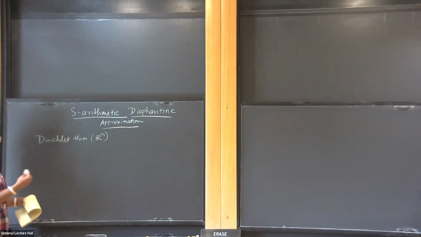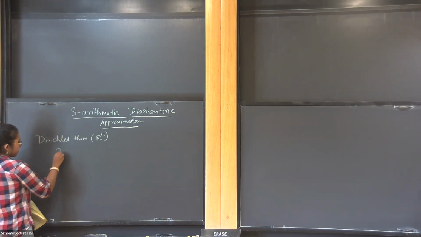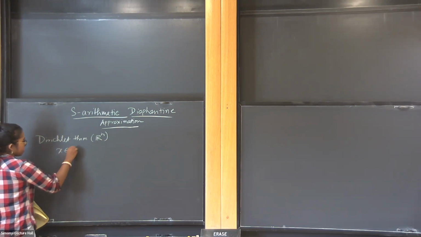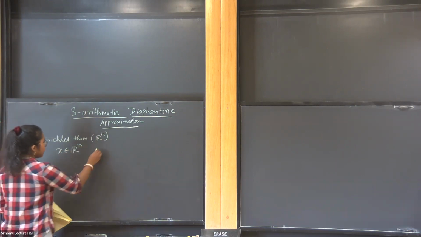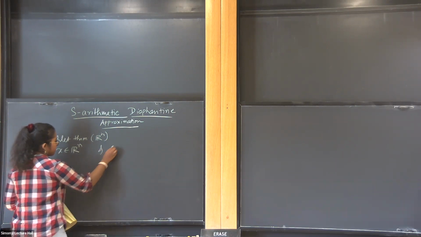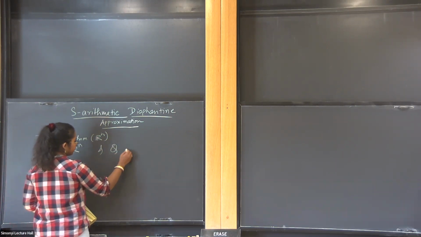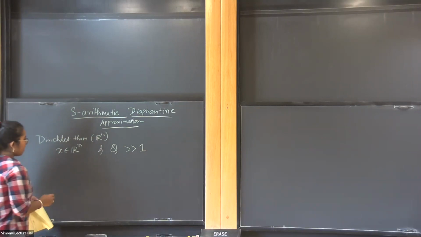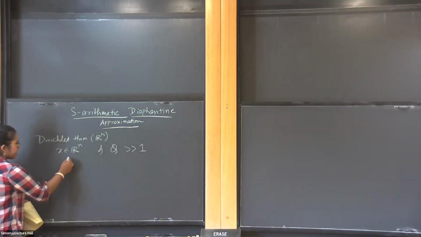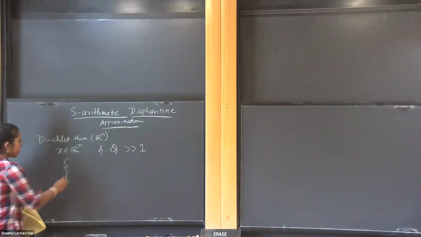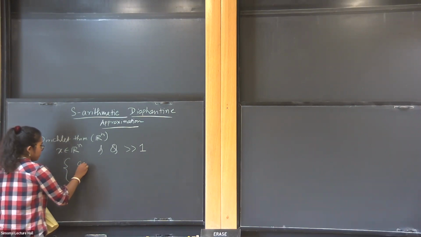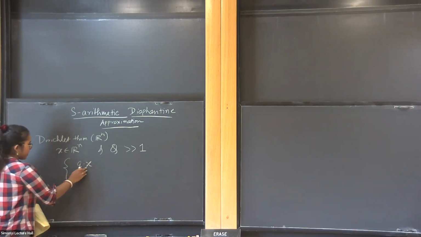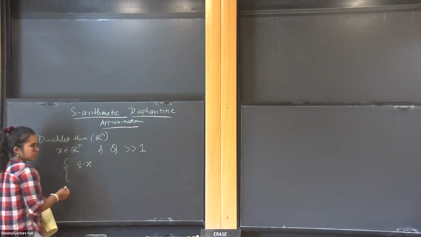So if you take any vector x in Rn, and if you take any large number, let's say Q, then you can always get non-zero integer solutions to these two inequalities. So this is q dot x, the usual dot product.